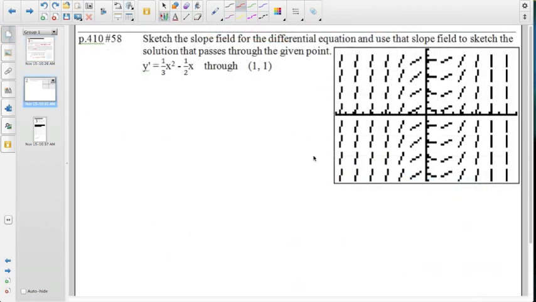The graph here is a slope field for the differential equation dy/dx equals 1/3 x squared minus 1/2 x.